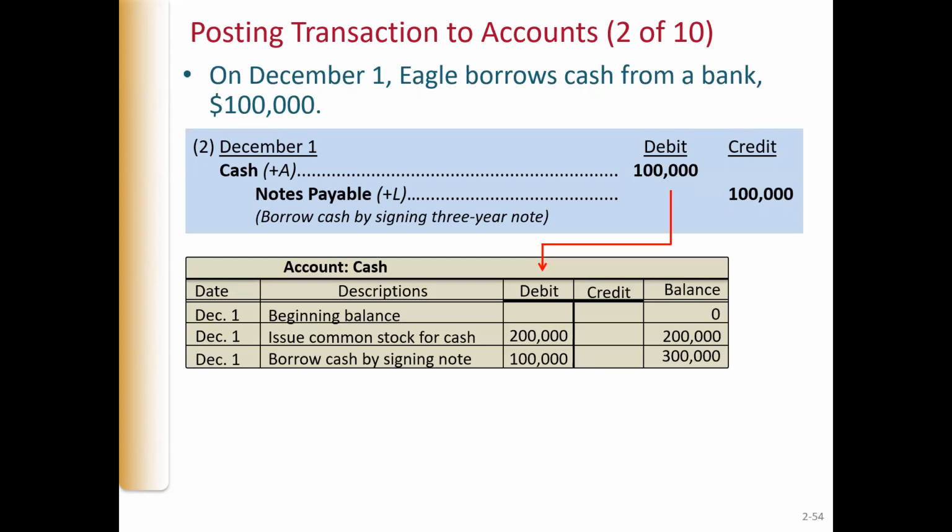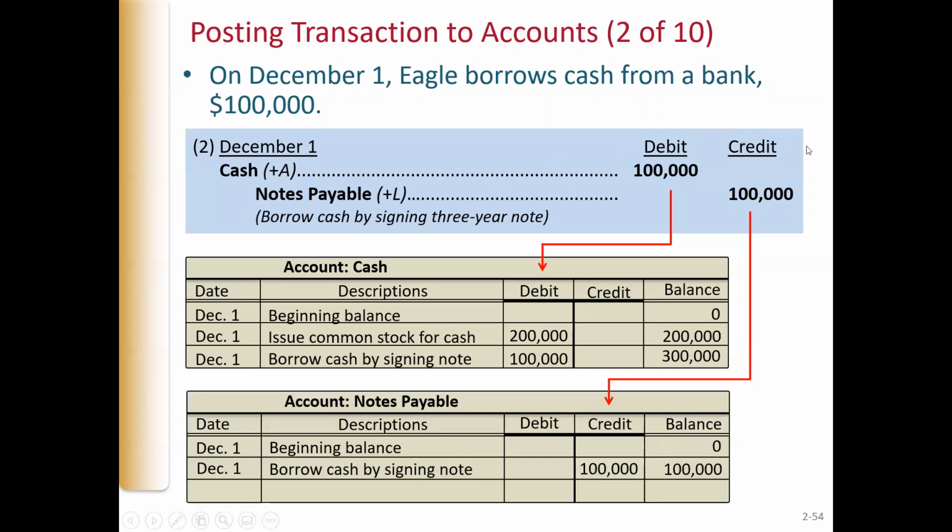We go to the cash account and we post that 100,000 as a debit to the cash account. We go to the notes payable account and we credit this to the account to show a balance of 100,000.